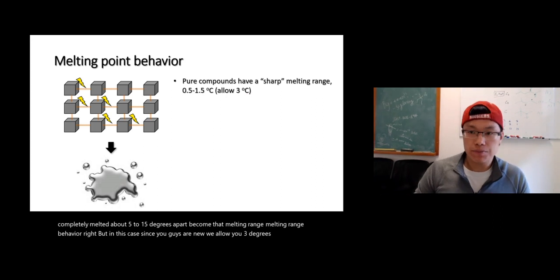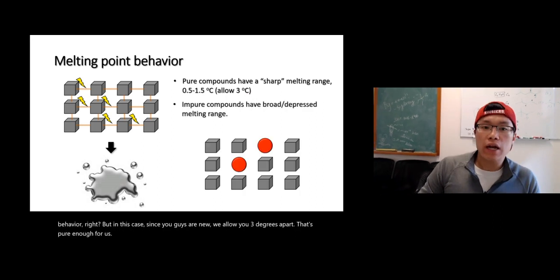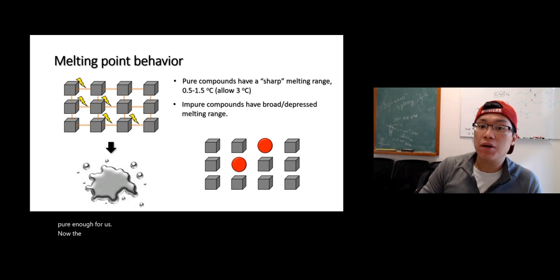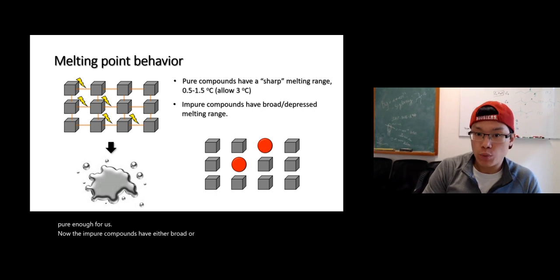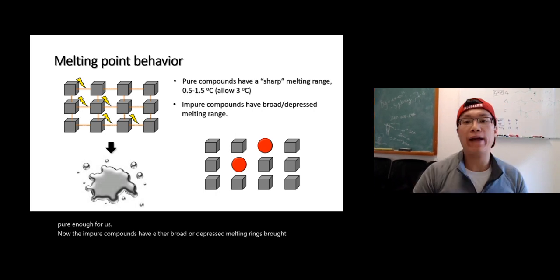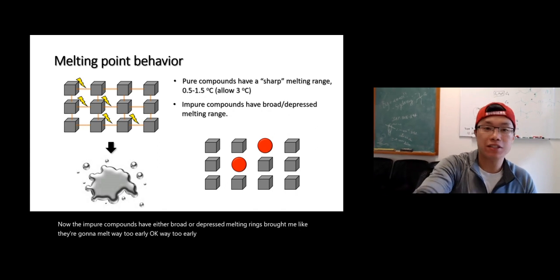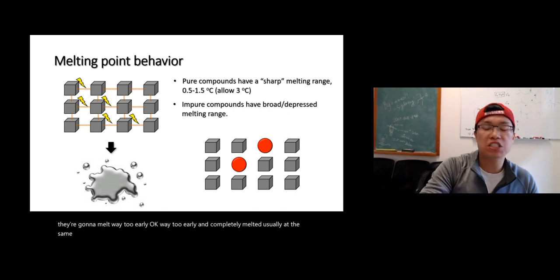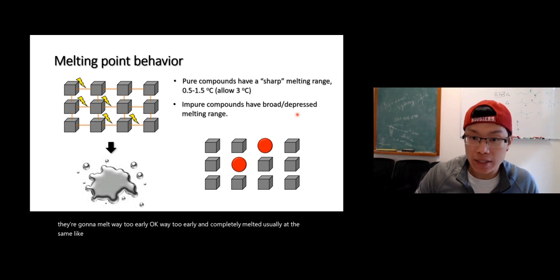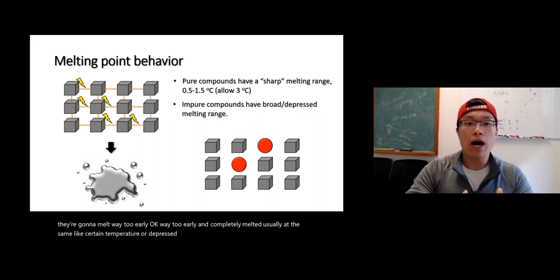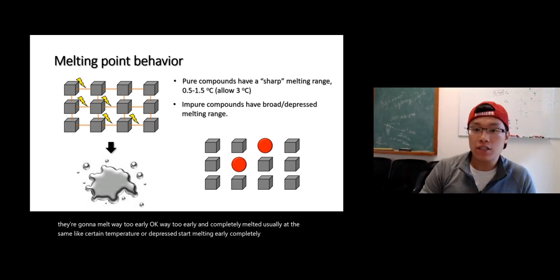That's pure enough for us. Now, impure compounds have either a broad or depressed melting range. Broad means they start melting way too early and are completely melted at a certain temperature. Or depressed means they start melting early and are completely melted way earlier than they're supposed to.